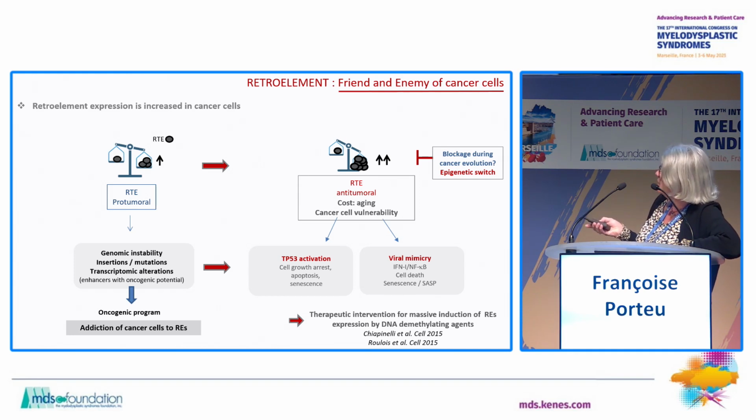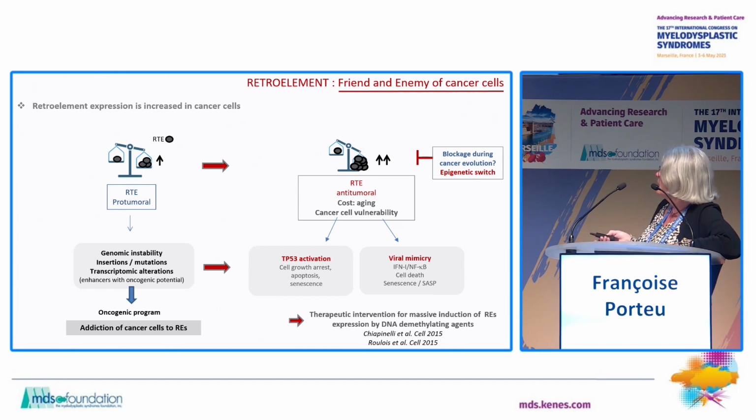They will activate P53 due to genomic instability leading to cell growth arrest, and also another very strongly conserved anti-tumoral pathway is viral mimicry, because they can induce double-strand RNA or cDNA in the cytosol, and this can be seen as viruses by our cells, leading to interferon production and NF-kappa-B-induced cytokines, cell death, senescence, and senescence-associated secretory phenotype.